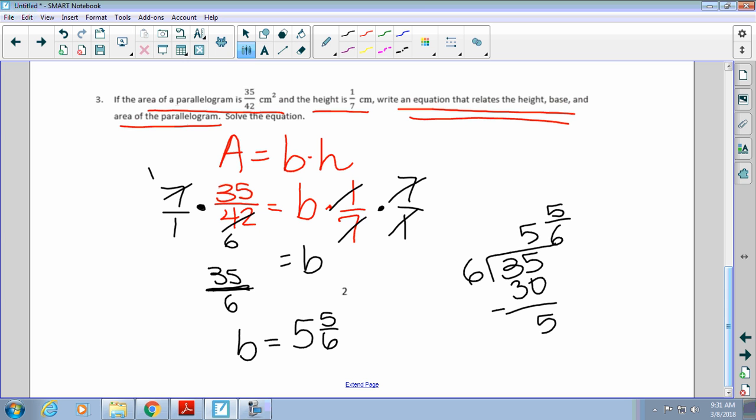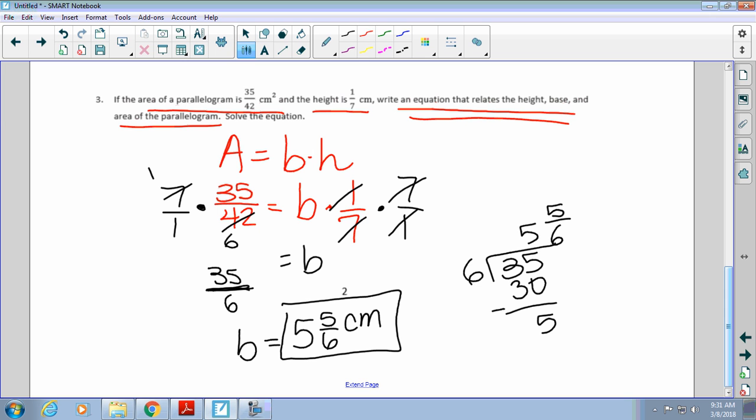Would that be centimeters or centimeters squared if we're dealing with just the base? Just centimeters, good. So centimeters. Now, if we wanted to check this, which for time's sake I don't think we're going to do right now, if you wanted to check this, what could you do to figure out if you were right? It's hard to pick when everyone has their hand up.